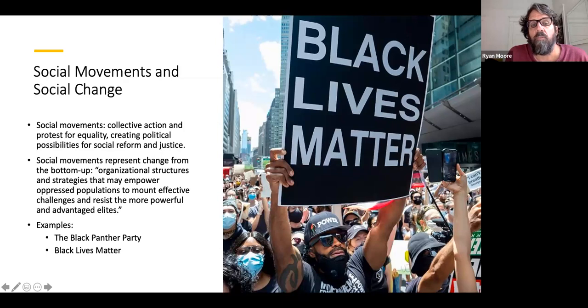We're talking about social movements as organizations that represent change from the bottom up. So more democratic, grassroots, and participatory kinds of movements that, quote, are organizational structures and strategies that may empower oppressed populations to mount effective challenges and resist the more powerful and advantaged elites.